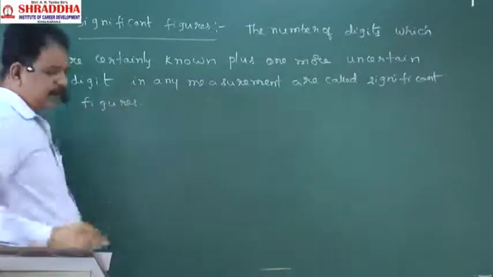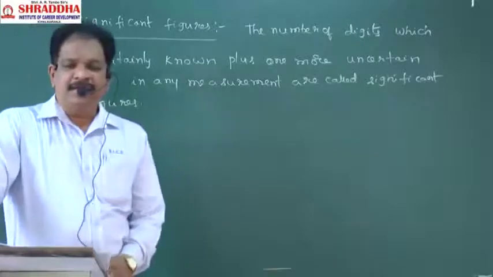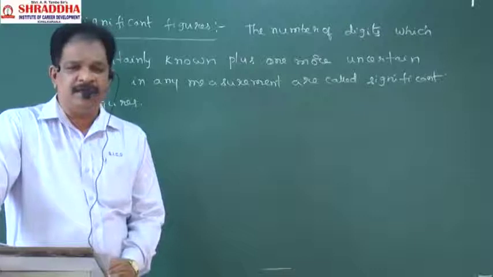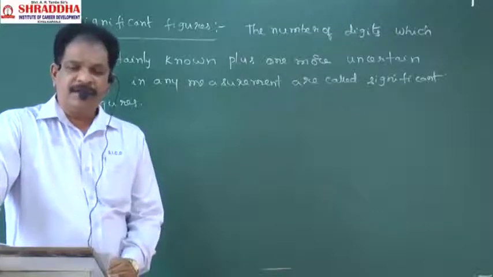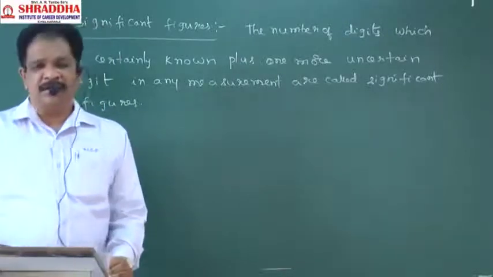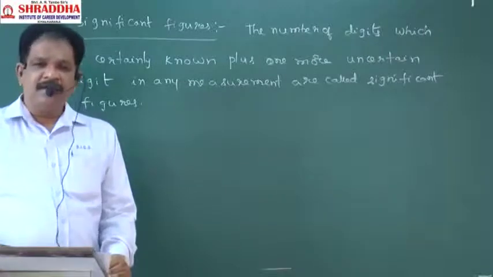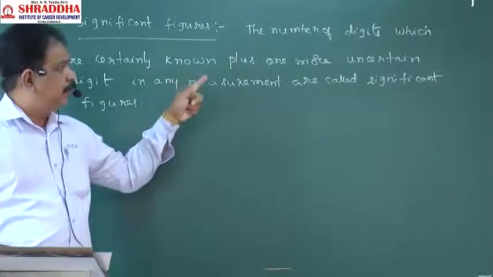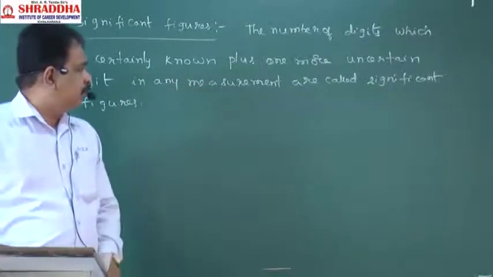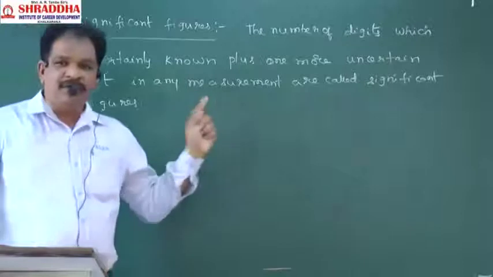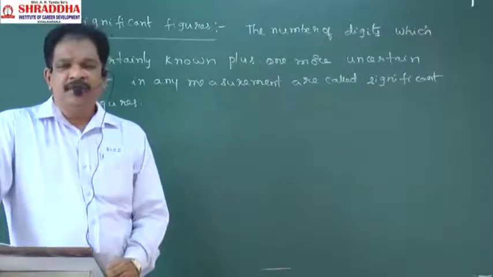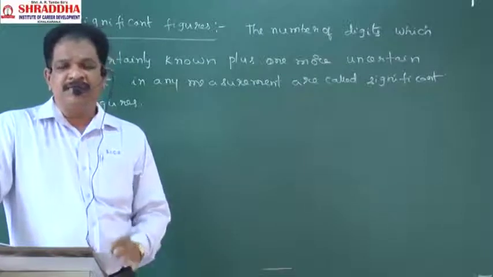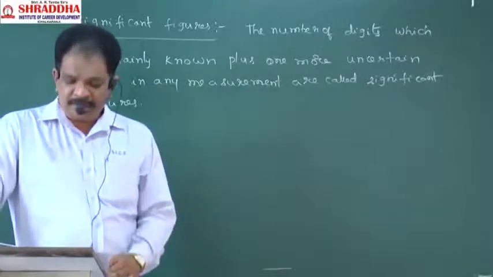In any measurement, the last digit will always have some uncertainty. Then the number of digits which are certainly known plus one more uncertain digit, the total number of digits, will be called the significant figures.